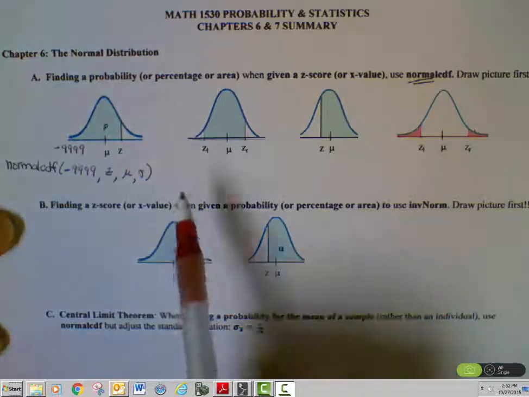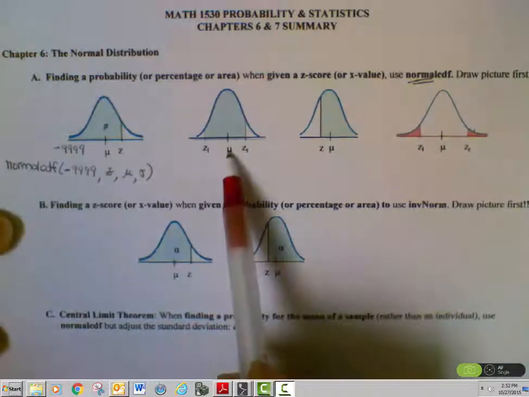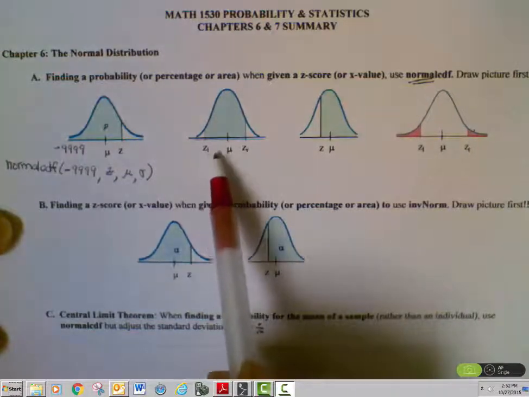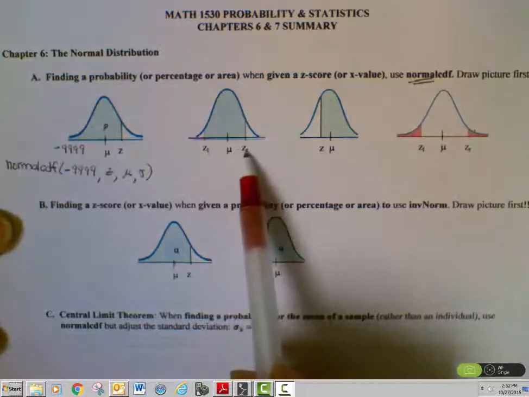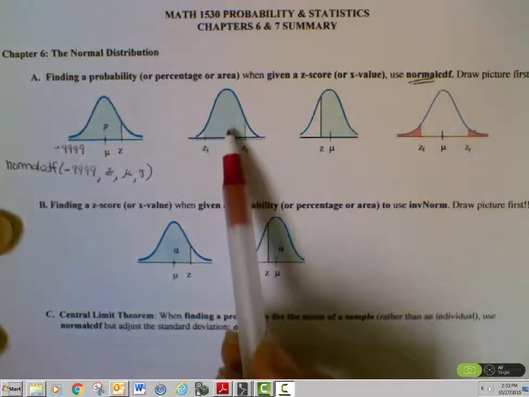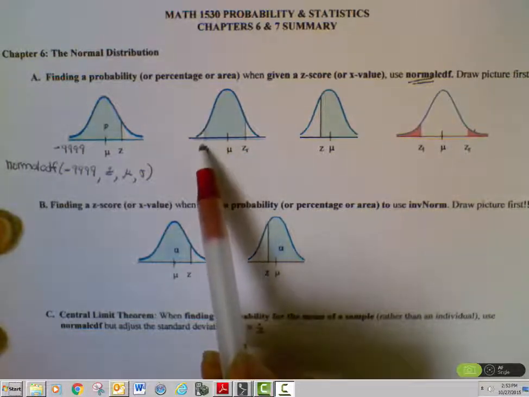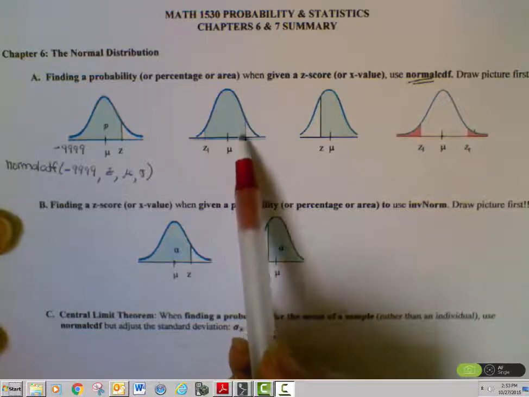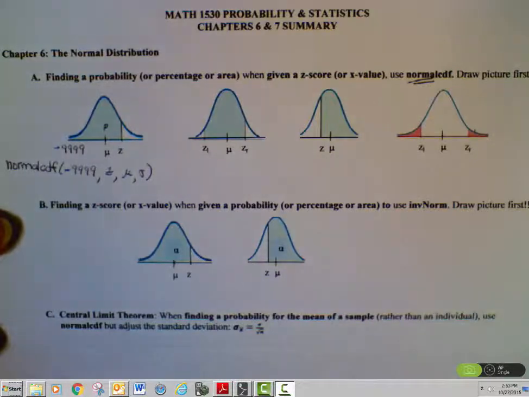Or I could have a situation where I was asked, what's the probability that an individual man weighs between maybe 150 and 180 pounds? Then I would draw my normal distribution. I would put the mean and the standard deviation in the middle. I would mark my lower boundary of 150 pounds, my upper boundary of 180 pounds, if that's what this example was.